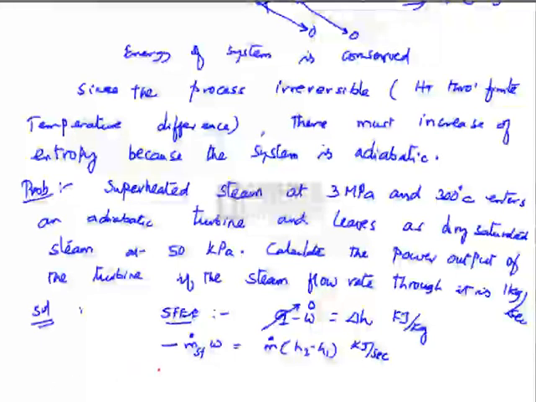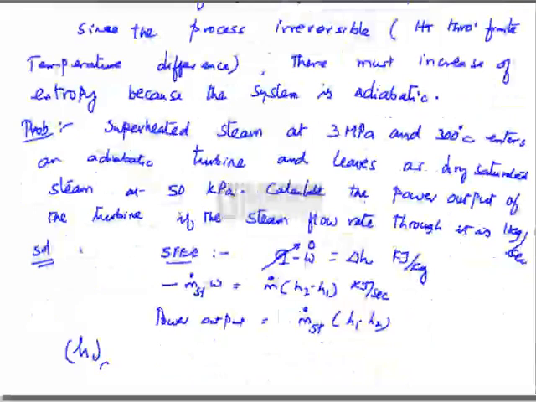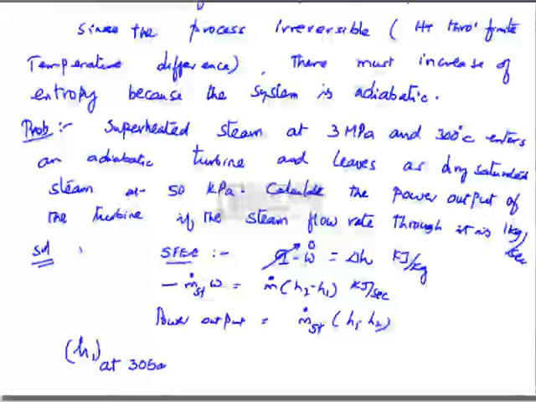Therefore, multiplying with minus on both sides, we get power output is equal to mass flow rate of the steam into H1 minus H2. Here H1, that is inlet enthalpy at 30 bar, 3 megapascal means 30 bar, and the superheat temperature of 300 degrees centigrade, is given as 2993.5 kilojoule per kg. This is obtained from the tables.